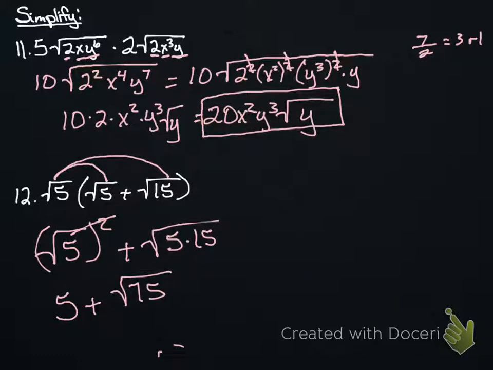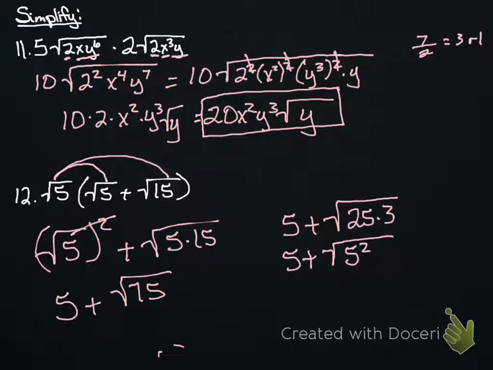Okay? 75 is 25 times 3. Okay? 25 is 5 squared, as you know. And then the exponent and radical cancel. And we're bringing that outside.